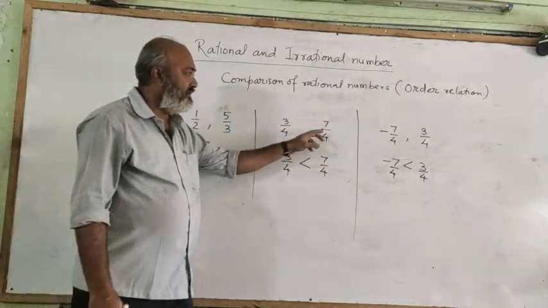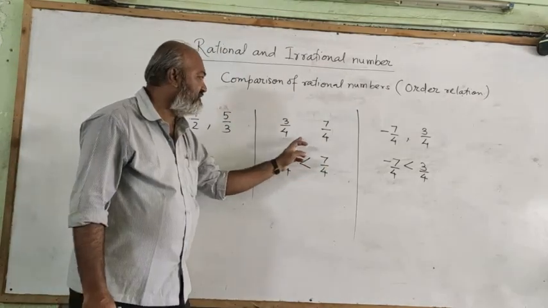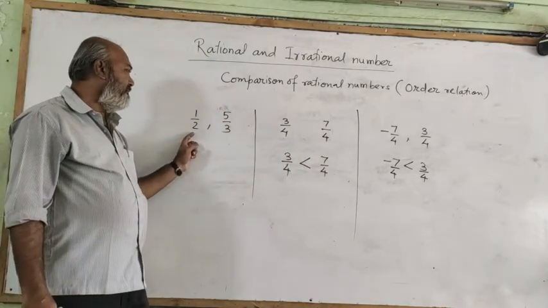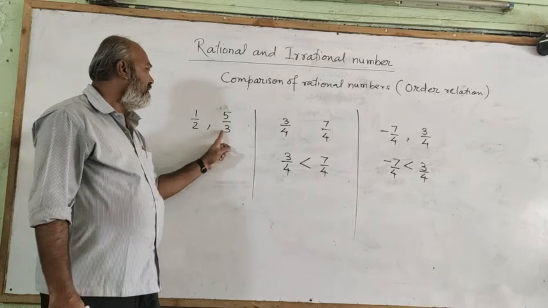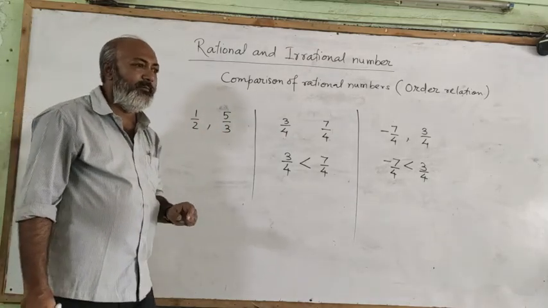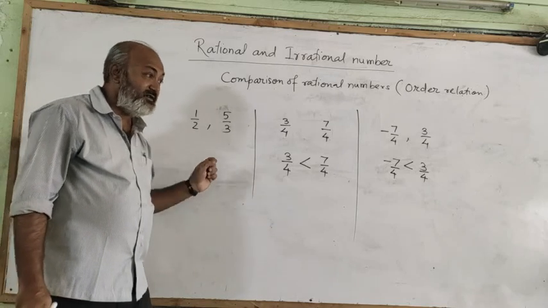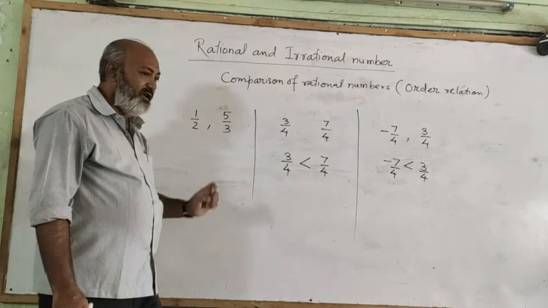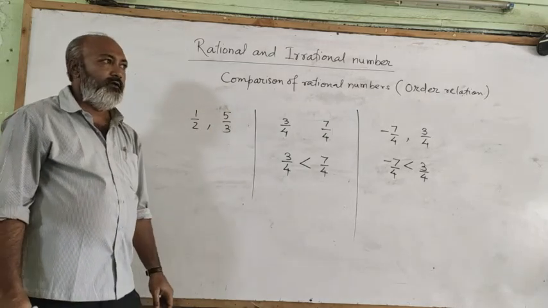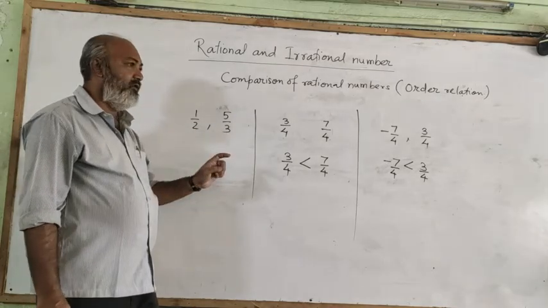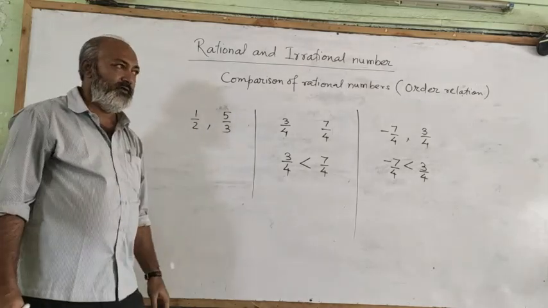In the previous examples, we have seen the same denominator, but in this problem, we find unequal denominators. In such a case, we make the denominators equal. So we have to make the denominators the same for both the rational numbers.